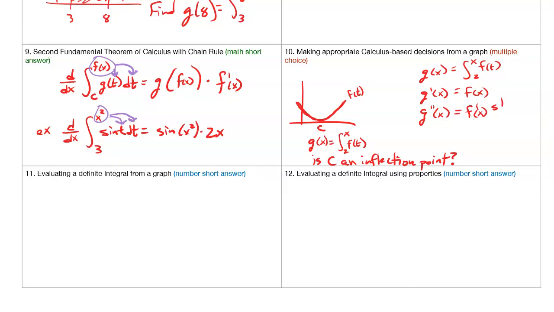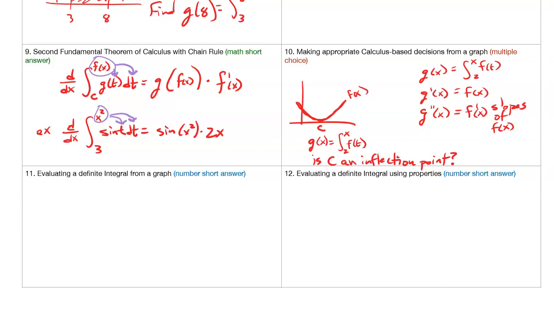In our case, our picture is f of x, right? So if we have a picture of f of x, f prime would be the slopes of f of x. So I'm basically trying to figure out my answers according to the information I'm shown.